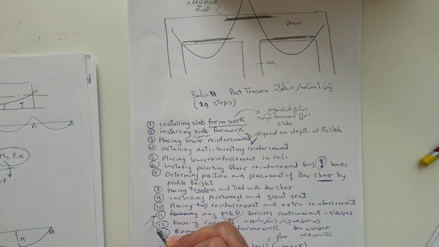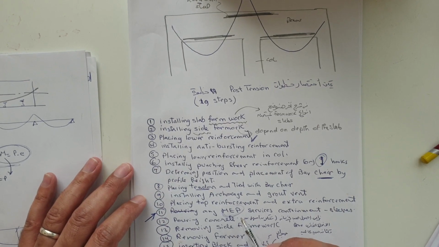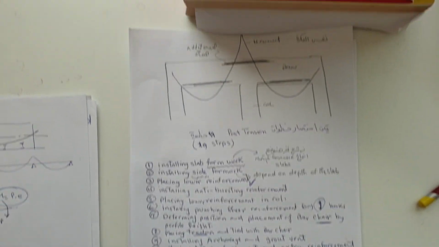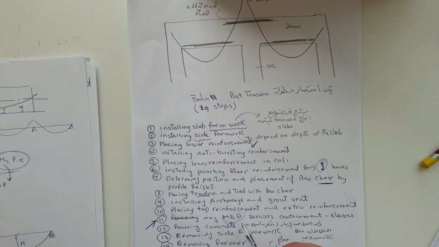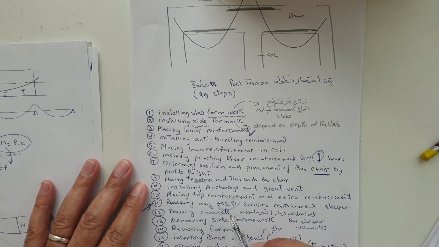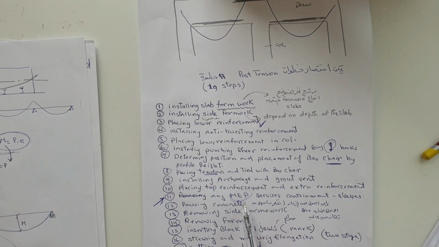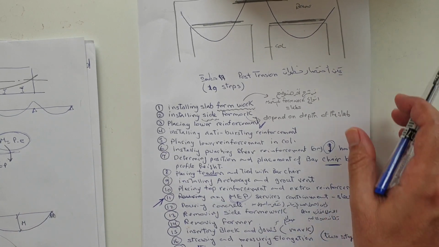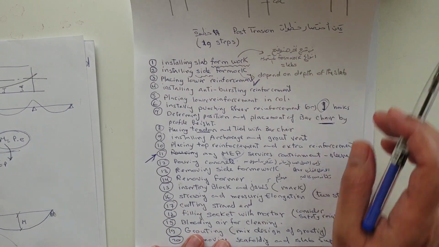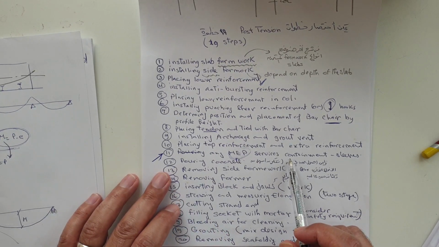We have to consider this very important, because any opening made after casting concrete in a post tension slab is not easy. So we have to do all the electromechanical services properly to avoid any need for openings inside the post tension slab. If we want to make an opening, we have to do a scan to make sure we are not cutting the strand and not causing any problem for the slab in the future.